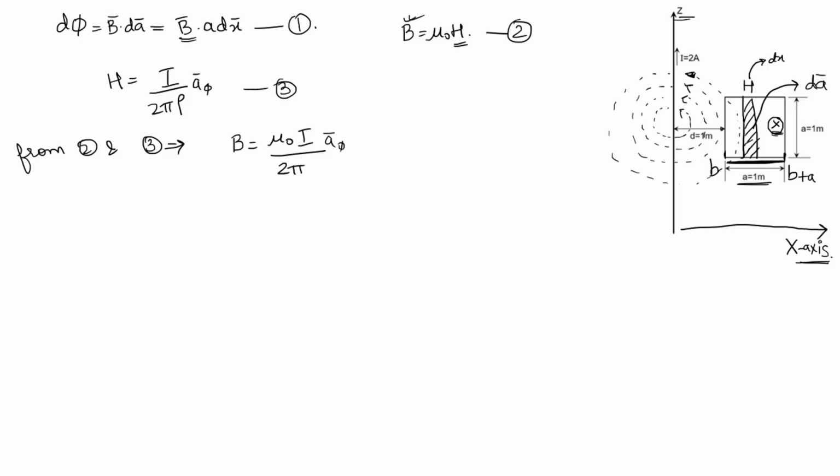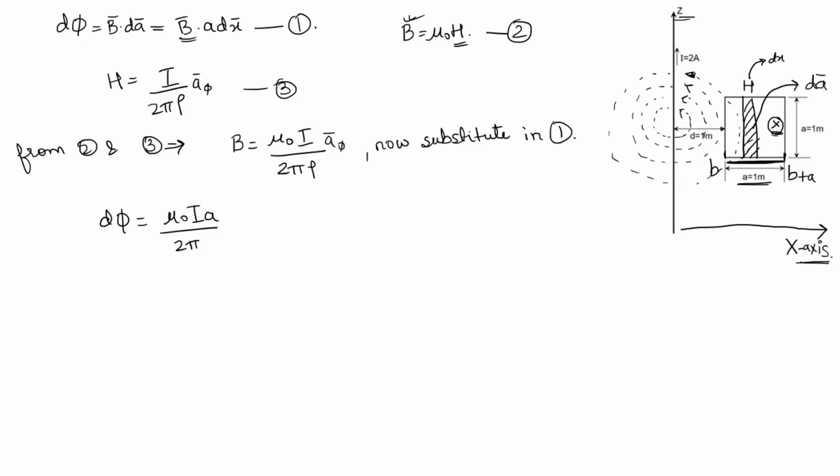Now we will substitute in 1. So this will become dφ is equal to B dot a dx, right? So this is μ0 I a upon, sorry, I missed ρ here, 2πρ, which we can say is the perpendicular distance from the conductor.